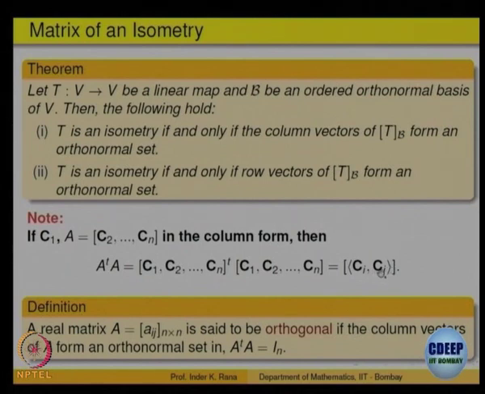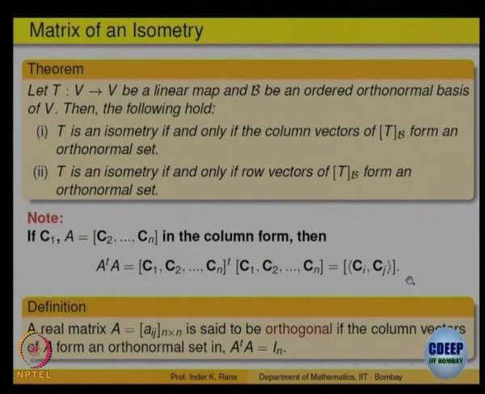So, that says that if T is an isometry, and if you write its matrix with respect to an ordered orthonormal basis, then it has the property that A transpose A is 0 if i is not equal to j and 1 if i is equal to j.